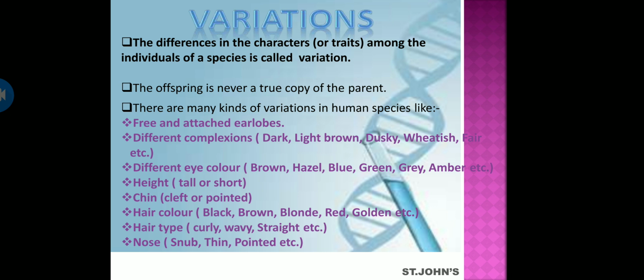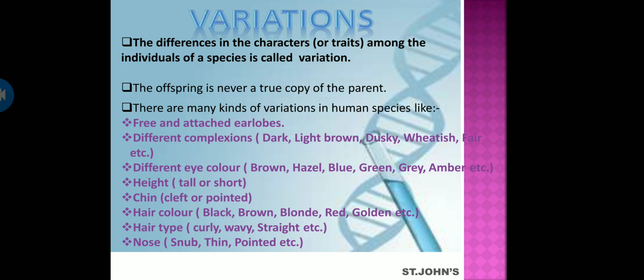I will tell you there are many kinds of variations in the human species. Taking an example of humans, some humans have free earlobes and attached earlobes, and the next one, different complexions like dark, light brown, dusky, wheatish and fair, etc. Different eye colors: brown, hazel, blue, green, grey, amber.